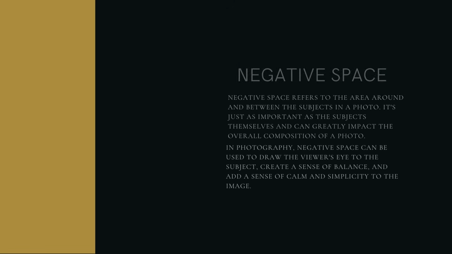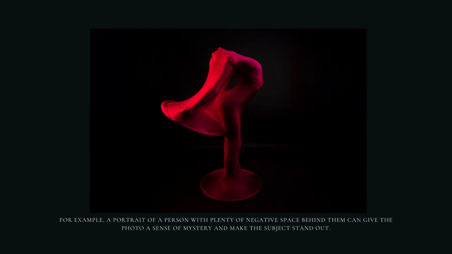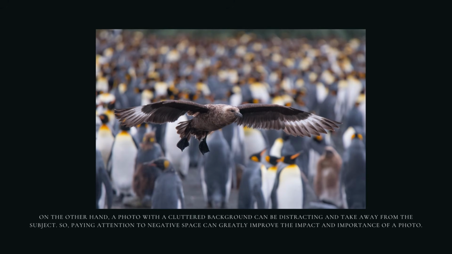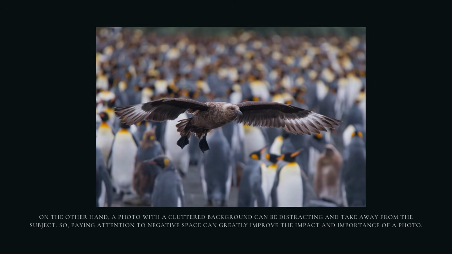For example, a portrait of a person with plenty of negative space behind them can give the photo a sense of mystery and make the subject stand out. On the other hand, a photo with a cluttered background can be distracting and take away from the subject. So, paying attention to negative space can greatly improve the impact and importance of a photo.